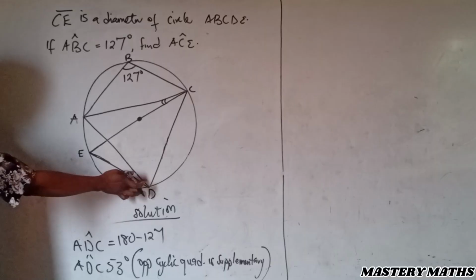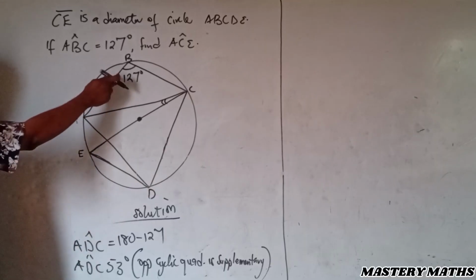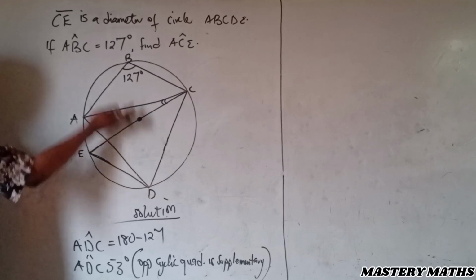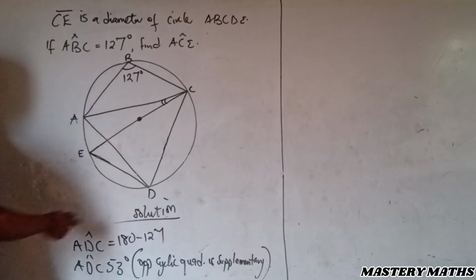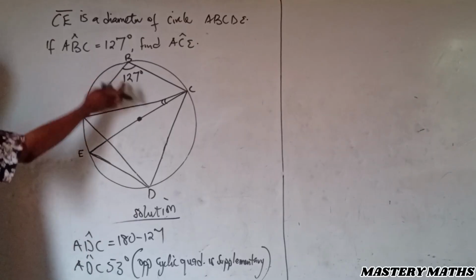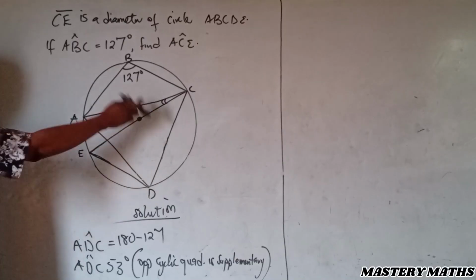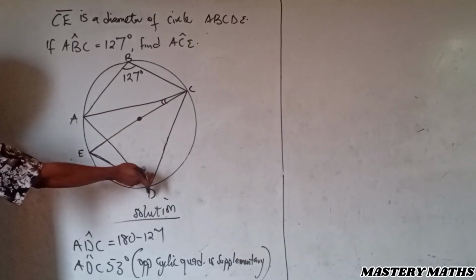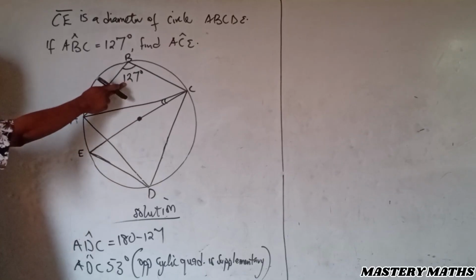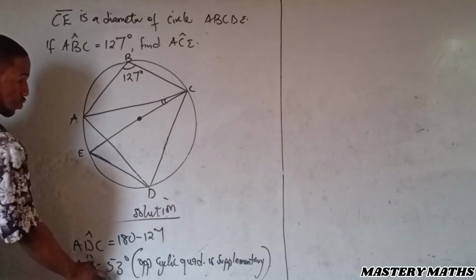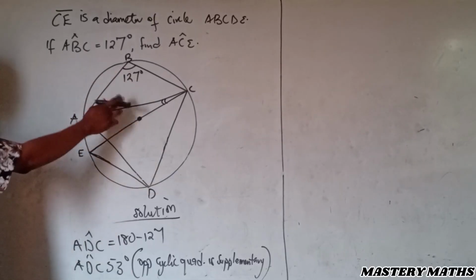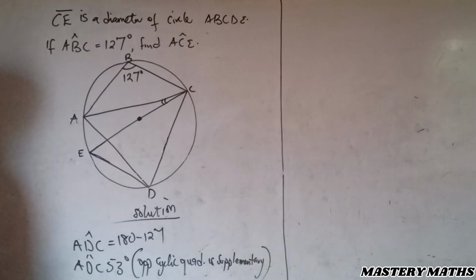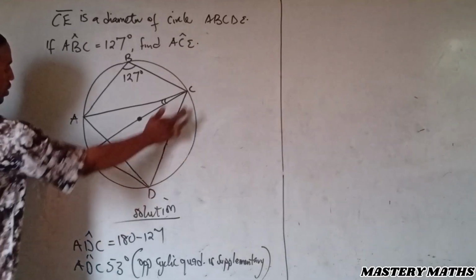This is supplementary to this, meaning here and here add up to 180, just like 90 and 90 add together to give 180. Now we are looking for this other side. To get it, you say 180 minus 127, which gives us 53 degrees. And this 53 degrees, you put as the opposite angle of the cyclic quadrilateral, supplementary. Now we've gotten our ADC.